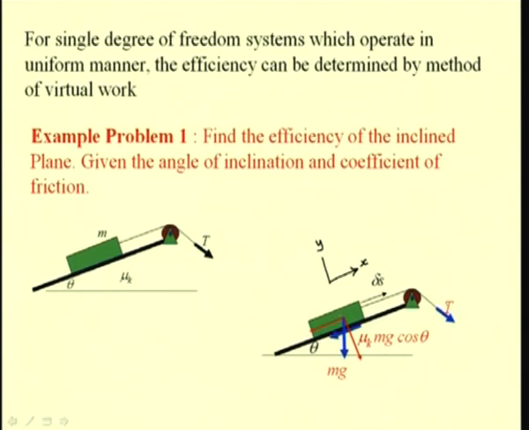And this force T does work by displacing this cable by this virtual displacement delta x. So, we have accounted for all the forces, that is the tension or the force that is being applied, the weight of the block being raised, as well as the friction between the block and the inclined plane surface.